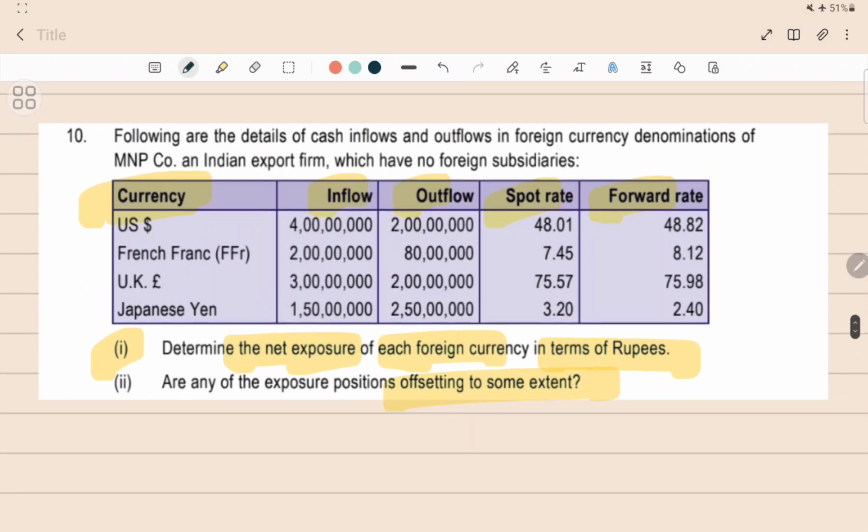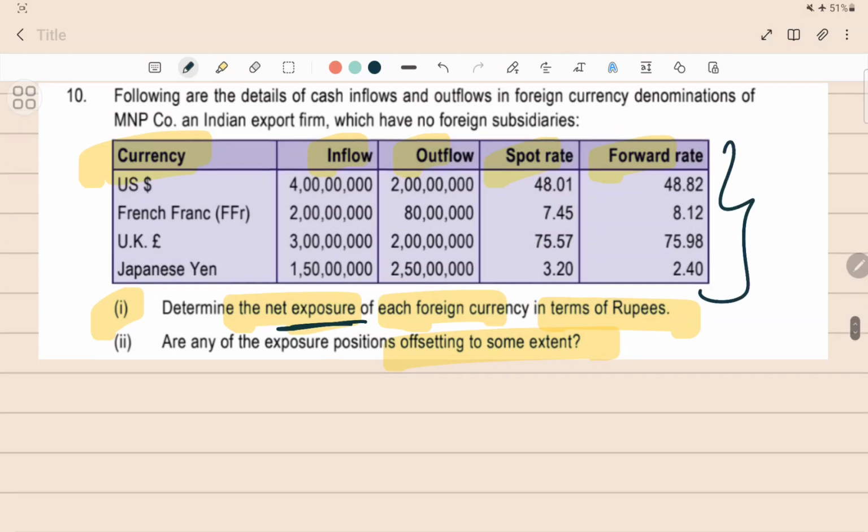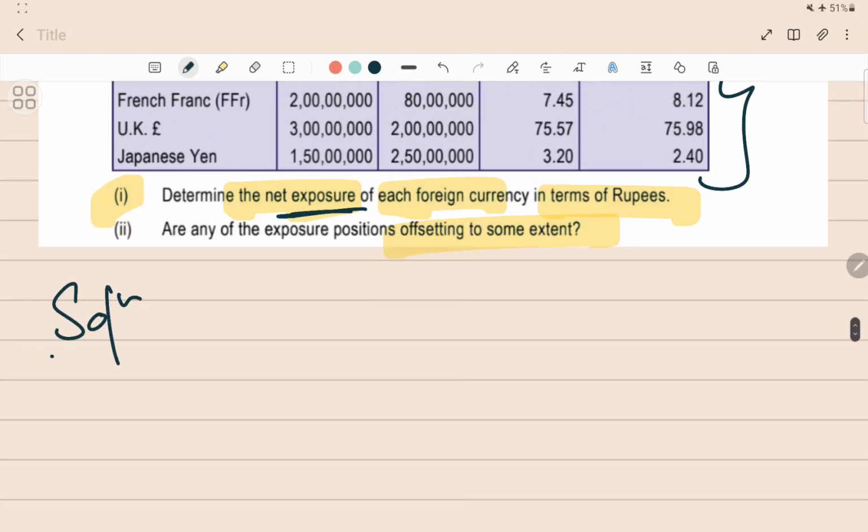Now, what do you mean by exposure here? In this case, if you look closely, they are asking for transaction exposure.